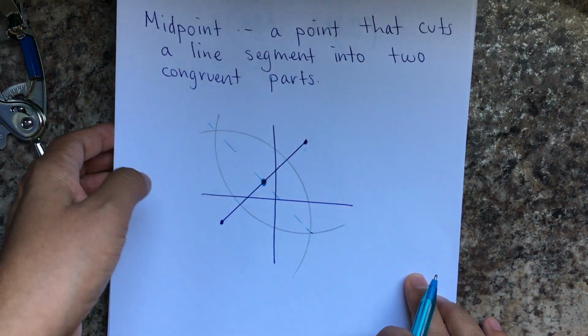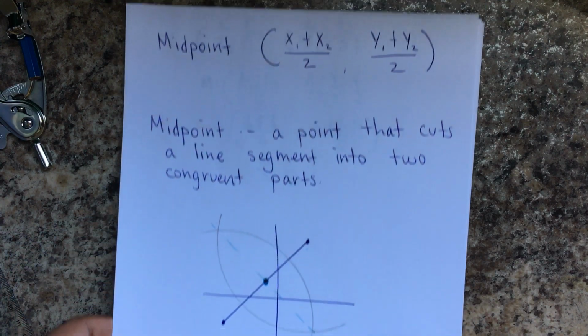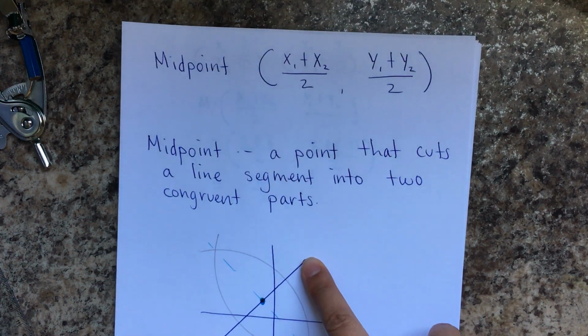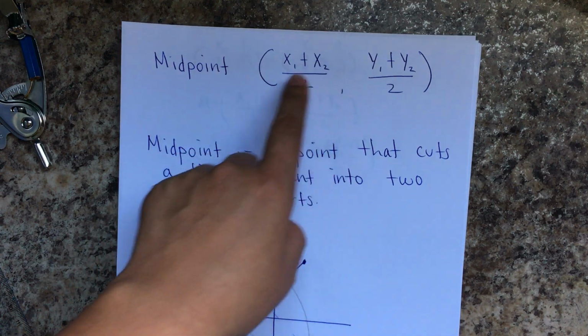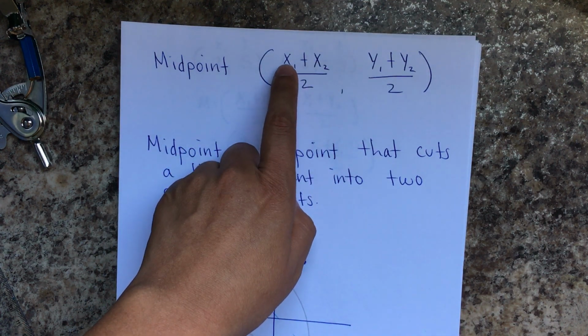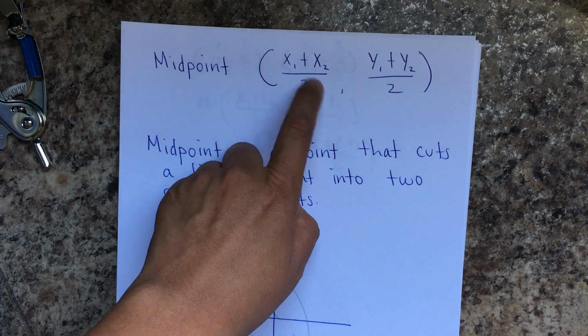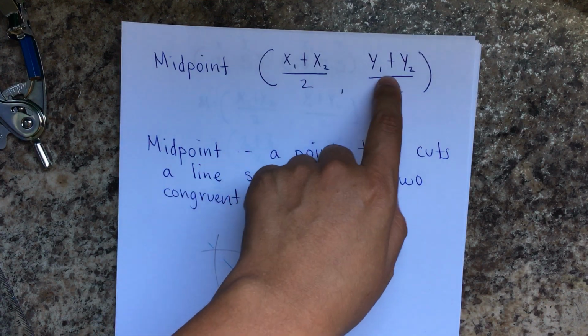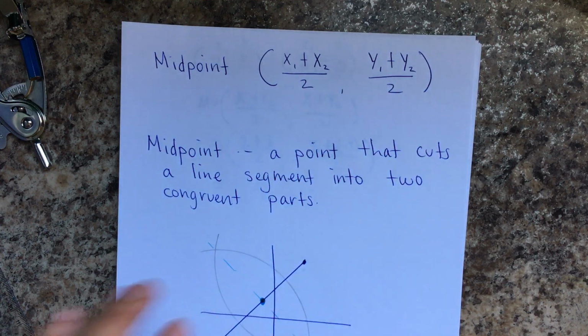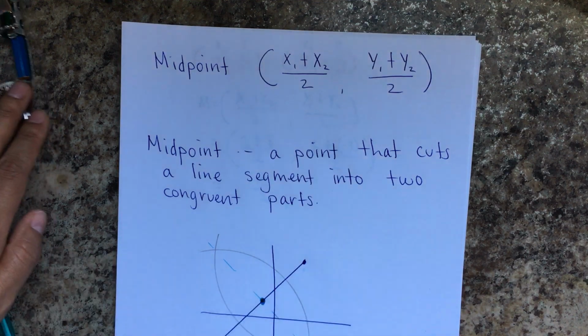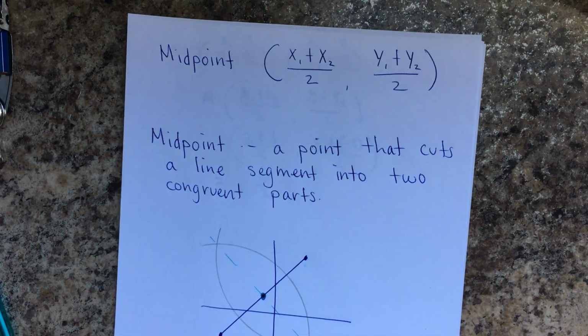Now we can find the midpoint if we're given the 2 endpoints. We can find the midpoint by using this formula, which is x1 plus x2 divided by 2 and y1 plus y2 divided by 2. And you'll see in a minute what that means.